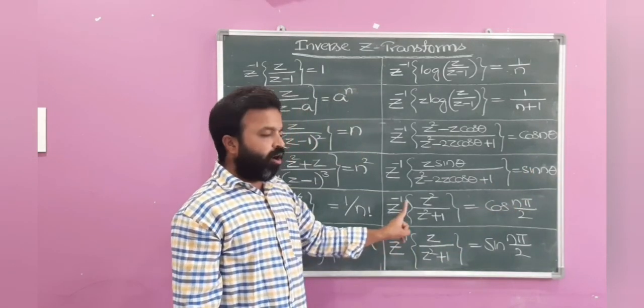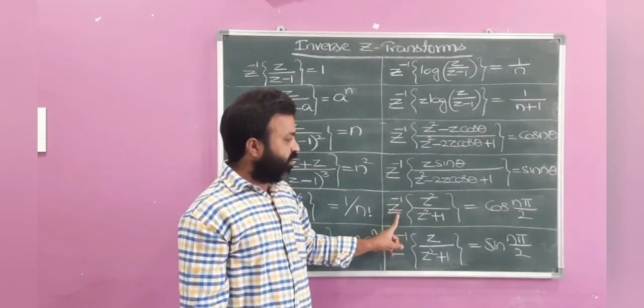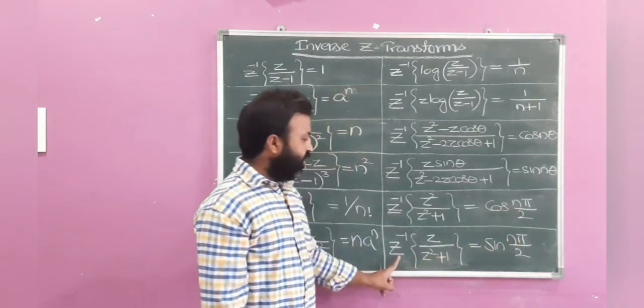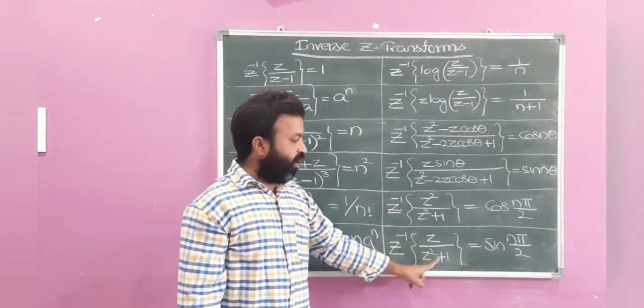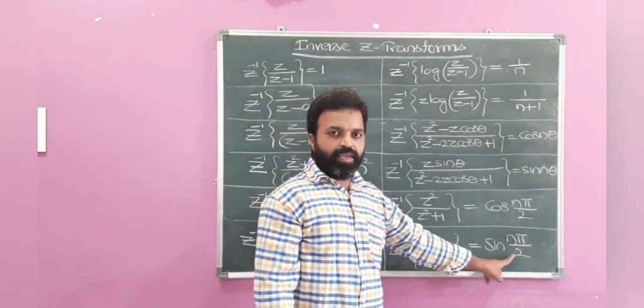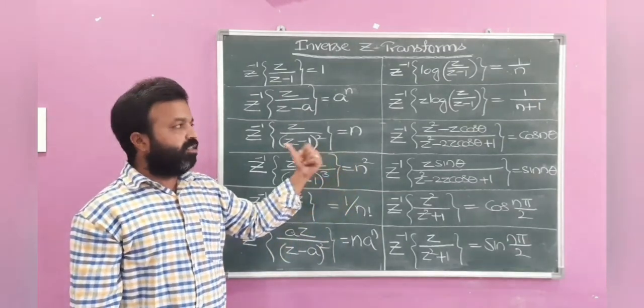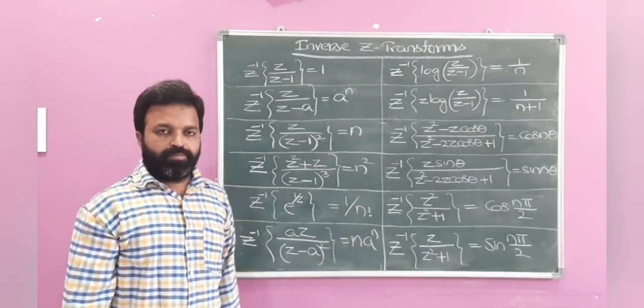Z inverse of z square by z square plus 1 is cos n pi by 2, and Z inverse of z by z square plus 1 is sin n pi by 2. These formulas have to be remembered to solve the inverse Z transform.